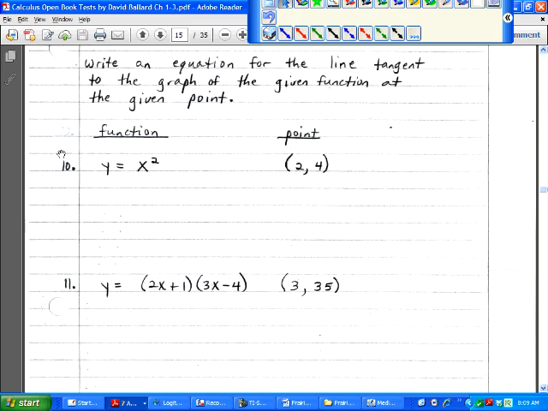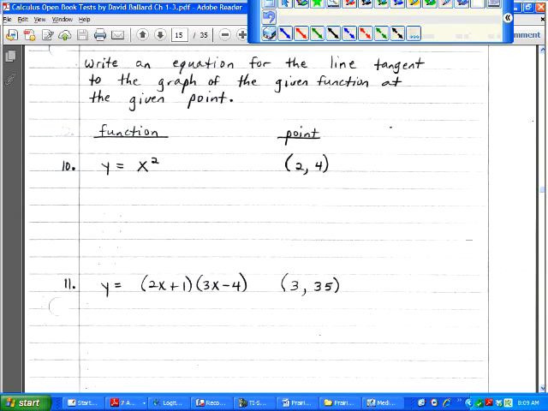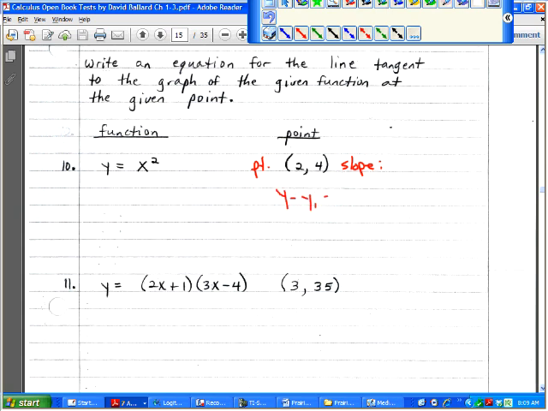We have the point of tangency 2, 4, and with that point and slope, we can do what? We can plug into y minus y sub 1 is equal to slope times x minus x sub 1.